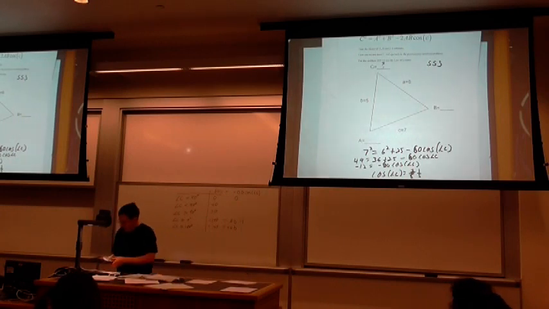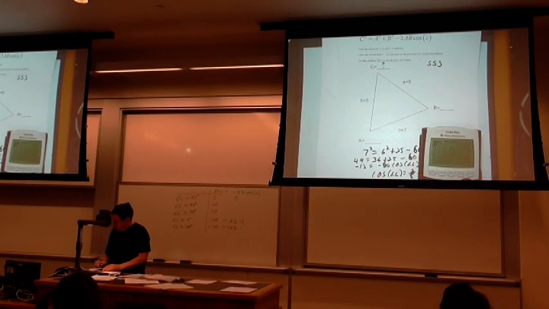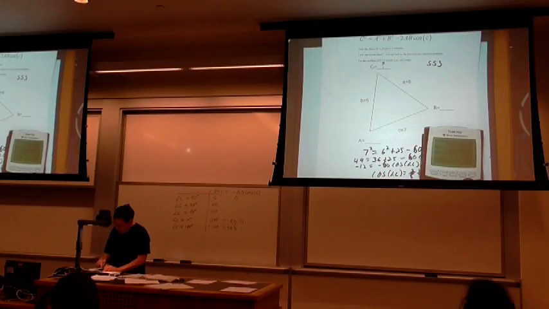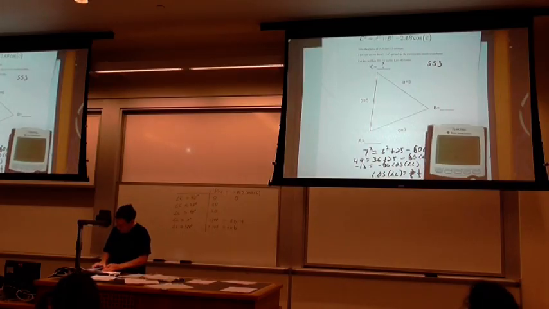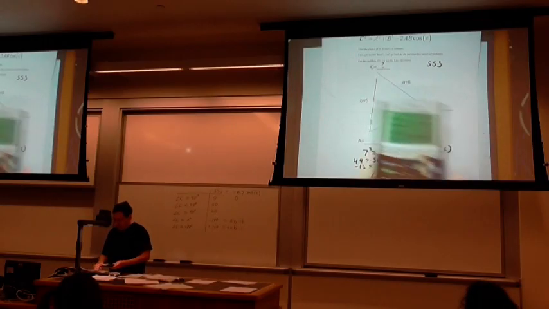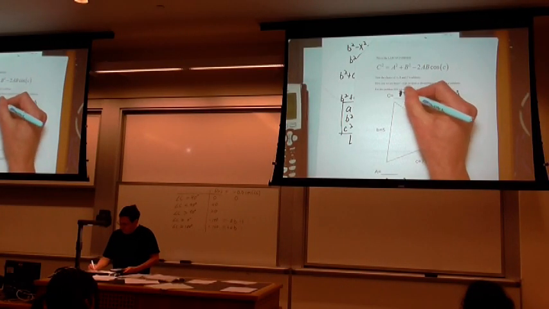So we want to find the inverse cosine of 1/5. And I get 78 degrees.